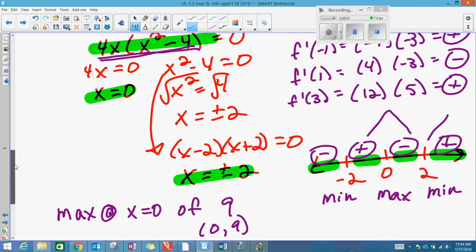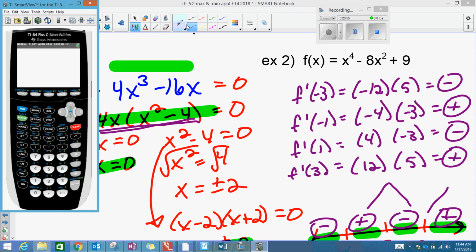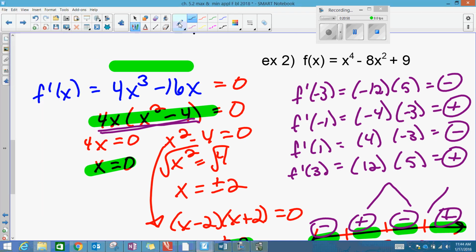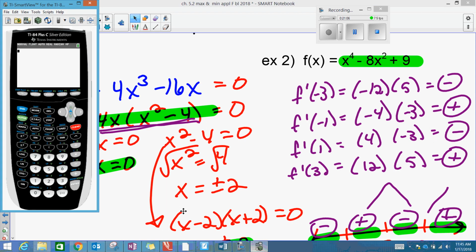So I want to do that with you guys on my calculator. I'm up here with the original function, just trying to find f of -2. On my calculator, -2 to the 4th, I've got to put that in parentheses. That's the biggest mistake everybody makes in plugging in numbers.